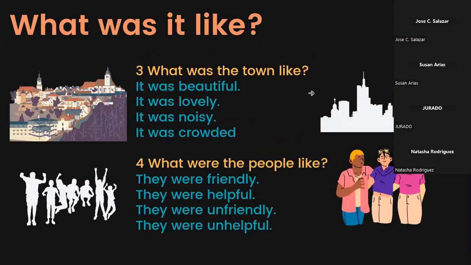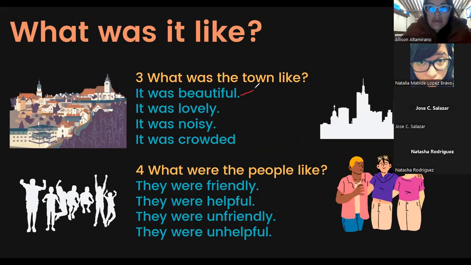Now, ahora yo quiero saber cómo era la ciudad. What was the town like? We have some options in here. Again, you're gonna listen and you're gonna repeat. It was beautiful. It was lovely. It was noisy. And it was crowded. Okay, beautiful and lovely, they are kind of synonyms.